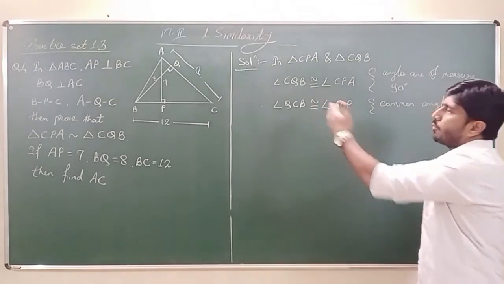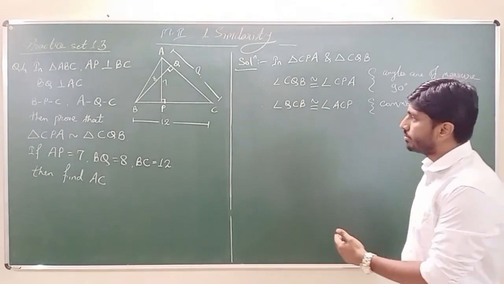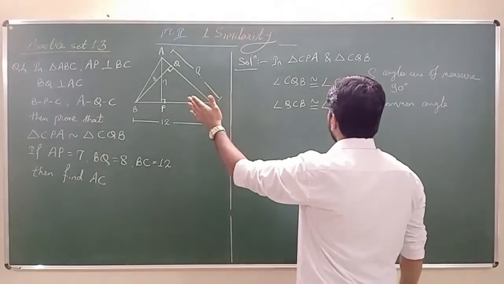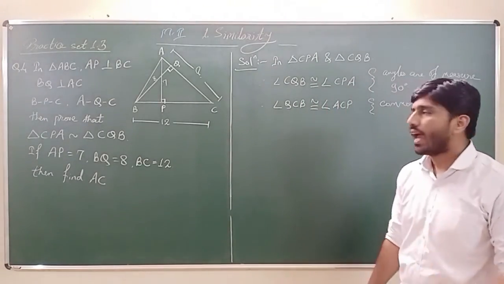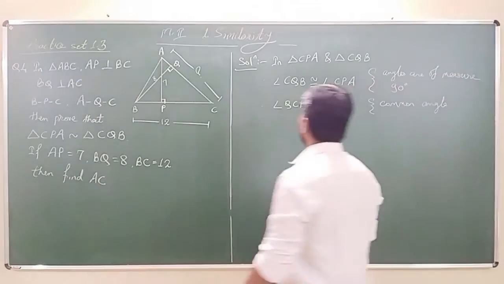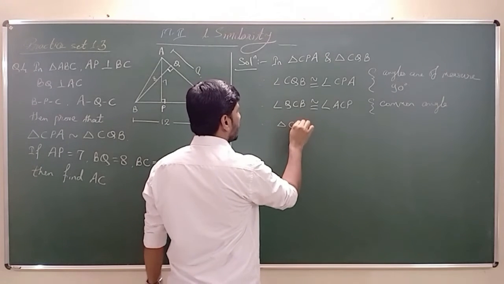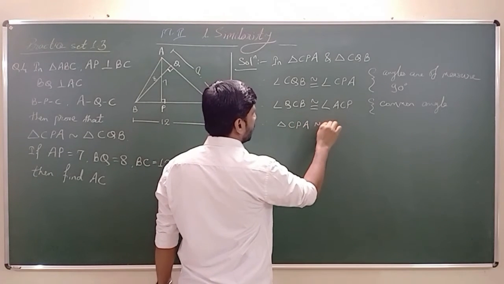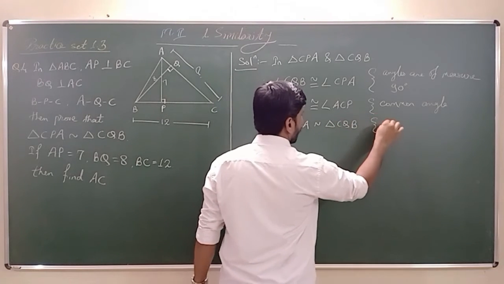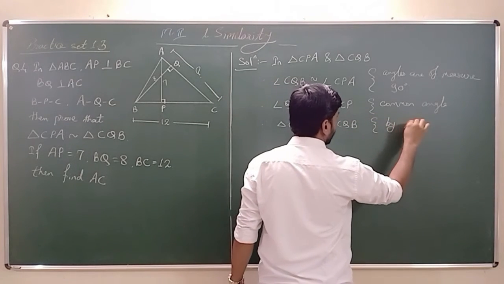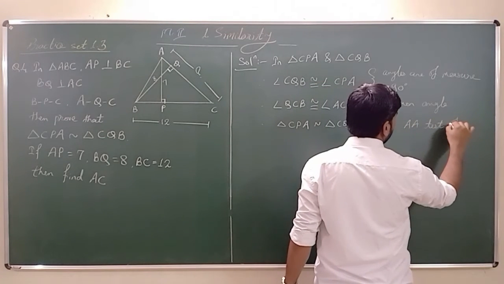Now obviously we have got two angles which are congruent. Therefore we can say that both triangles are similar by angle, that is the AA test. Therefore we say triangle CPA is similar to triangle CQB by the AA test of similarity.